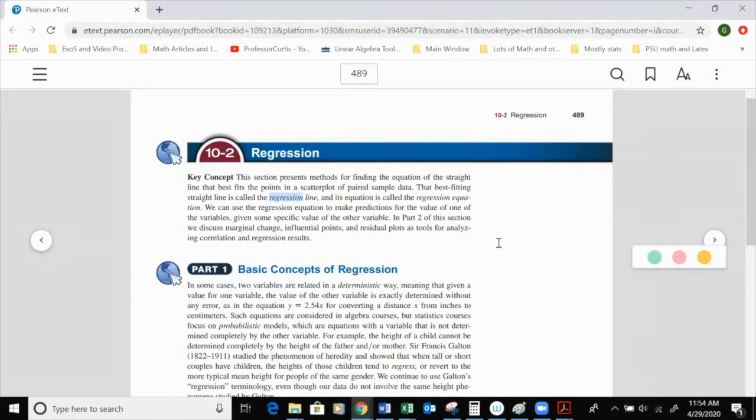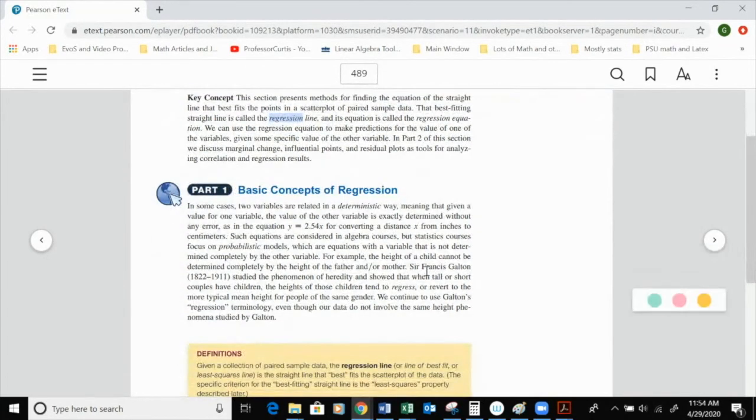Here's this idea of regression. And they do mention Francis Galton, 1822 to 1911, studied the phenomenon of heredity. When tall couples have children, the children are tall. And when short couples have children, the children are short. Except the really tall parents do have taller children, but not as tall as they are.